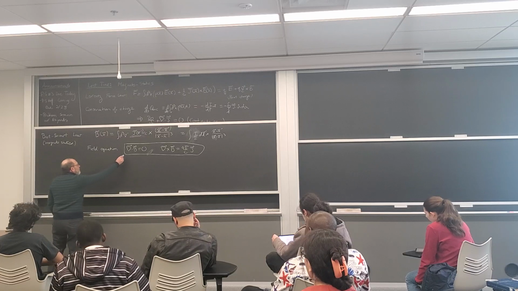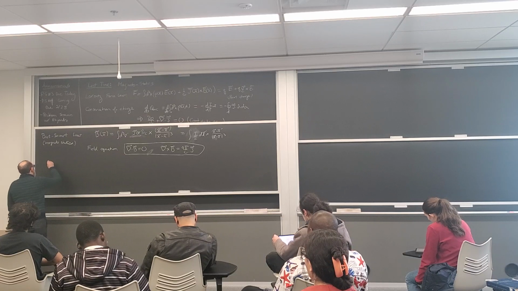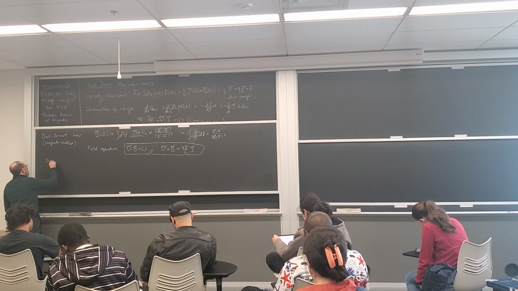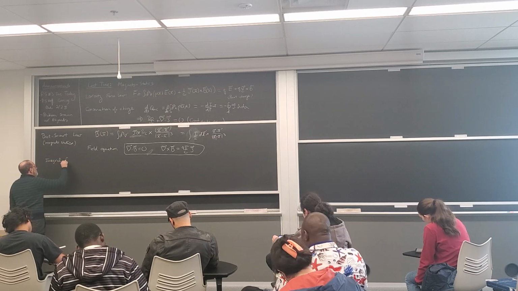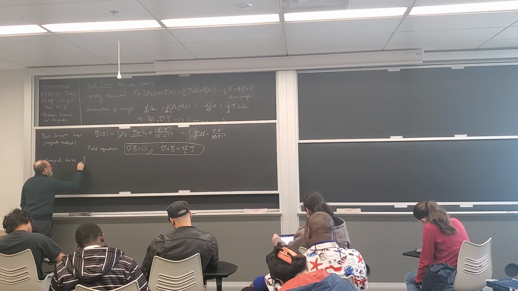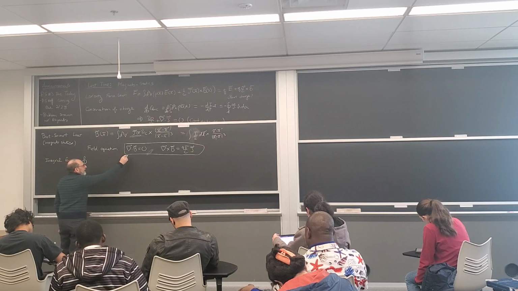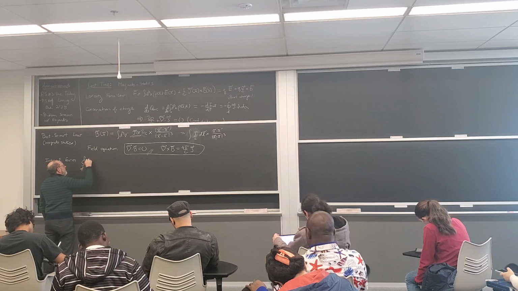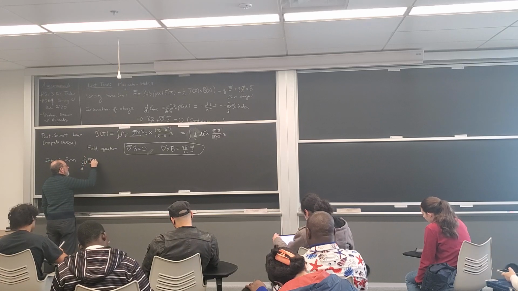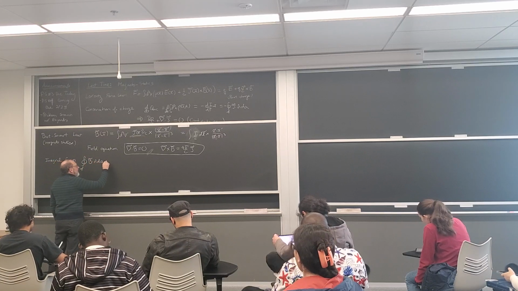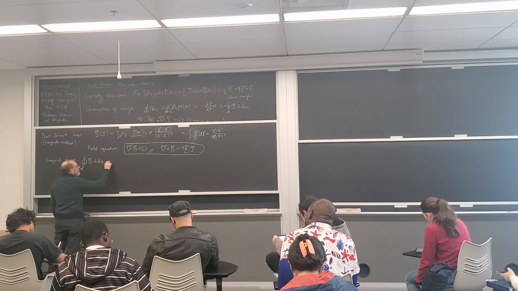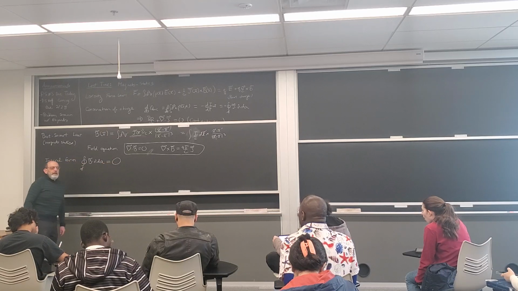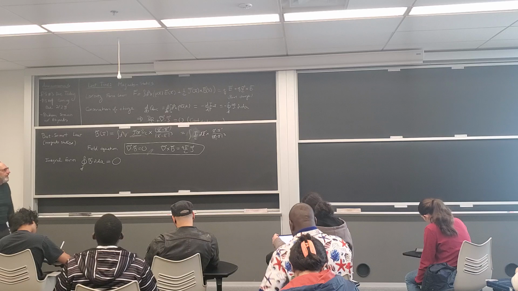These are the differential forms, the integral forms. It says that if I look at the volume integral of this, I can use the divergence theorem to tell me that the flux of the magnetic field through any closed surface is 0, okay?